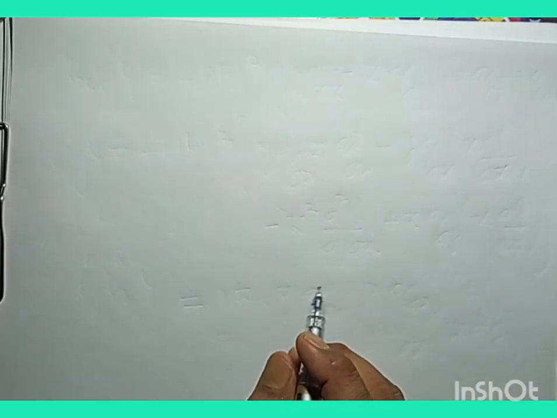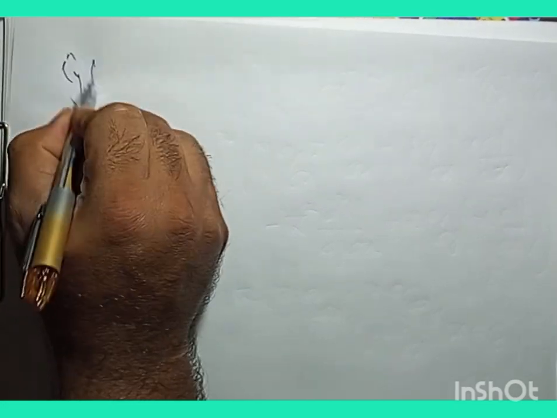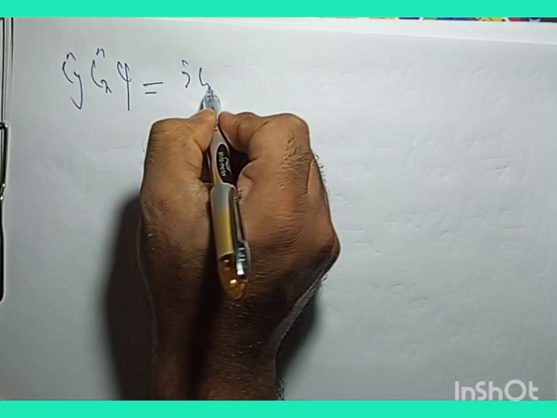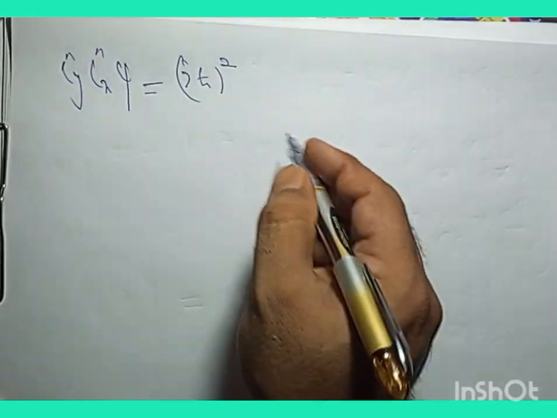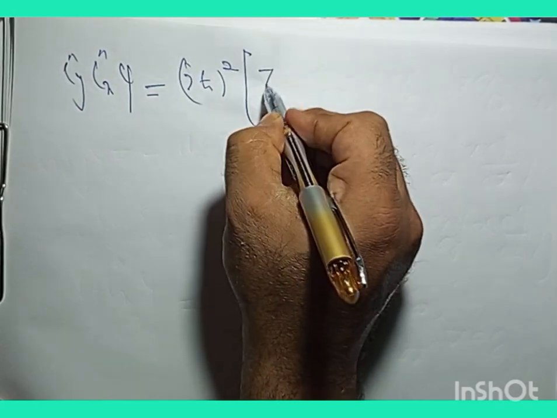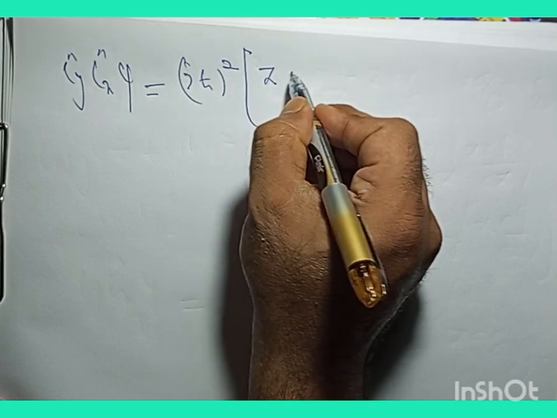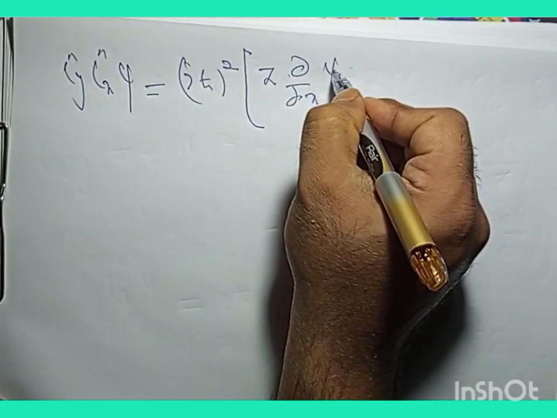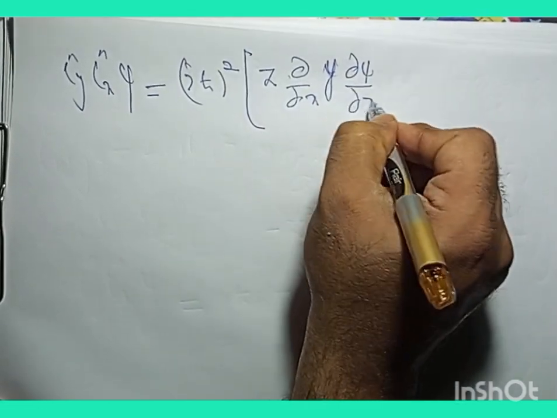In doing so, we can write down this Ly cap and Lx cap of ψ. We will have (iħ) whole squared out. So what will be inside is z ∂/∂x of y ∂ψ/∂z.